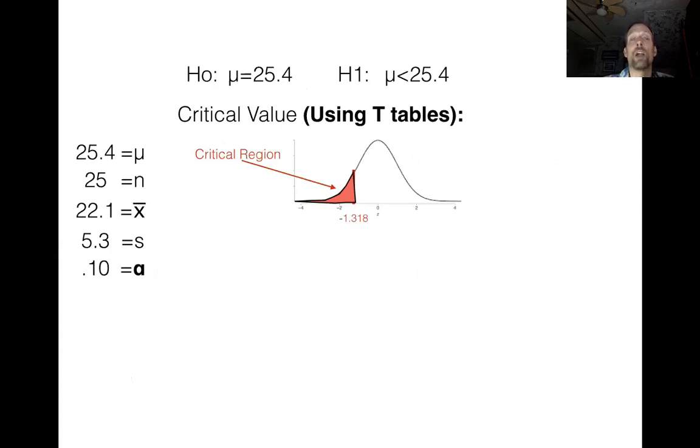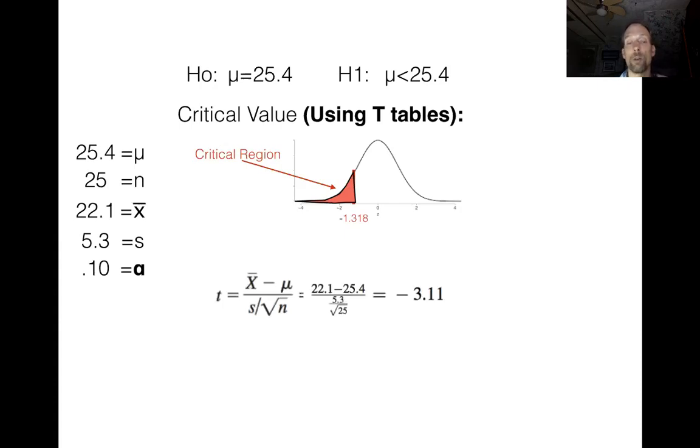That means we can only reject the null hypothesis if we end up getting a sample average that we didn't even have a 10% chance of getting. So how do you know if you had less than a 10% chance of getting the sample average you did? Well, the critical value says the sample average would have to be more than 1.318 standard deviations below the mean.